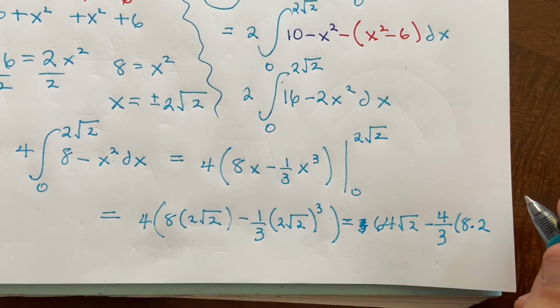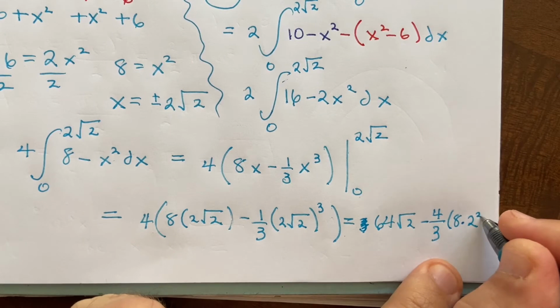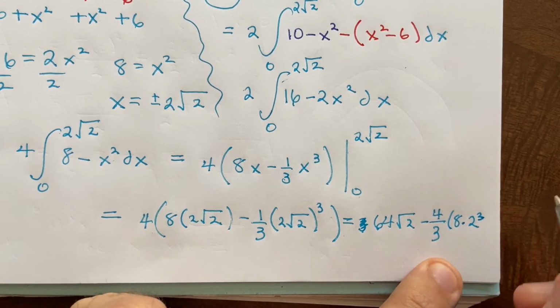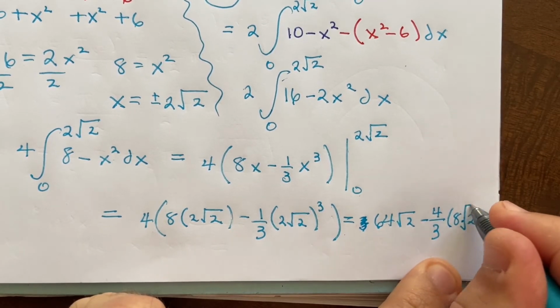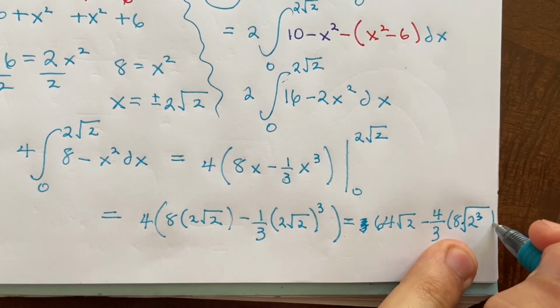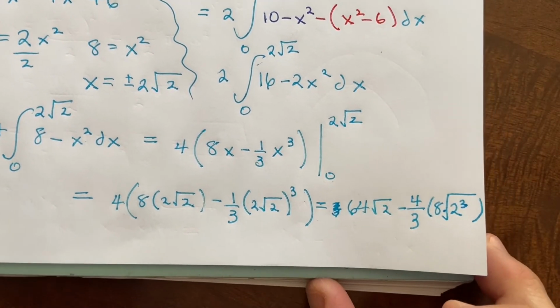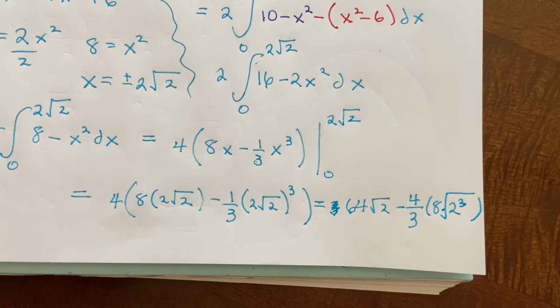Do I want to write it that way? I'll say 2 cubed and the square root of that. So I'm just trying to figure out how I want to leave this answer at the moment.